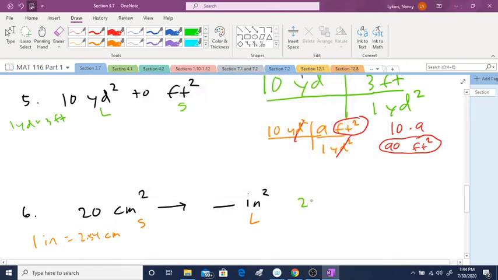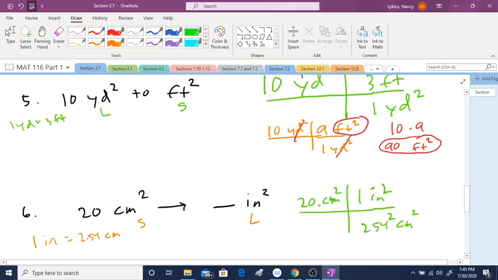Next, I'm going to say 20 centimeters squared, 1 inch. So think of 1 inch as my 2.54 centimeters. But if I want to square to find the inch, I'm going to square the centimeters and also square the 2.54.